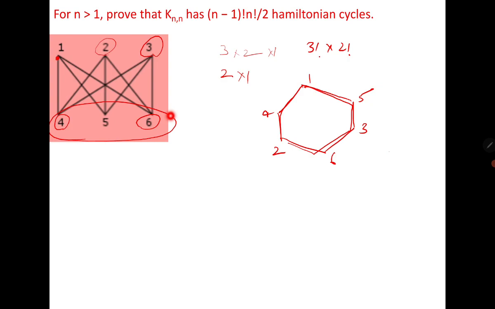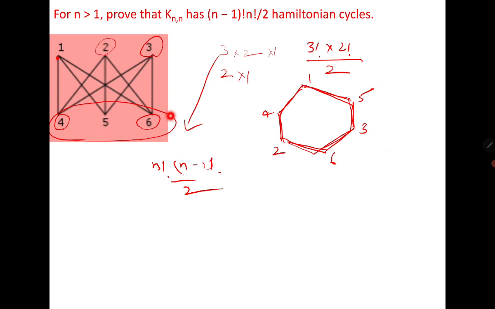This can also be seen as 1 5 3 6 2 4 1, clockwise and anti-clockwise, and this is why each cycle is counted twice. To have the number of different Hamiltonian cycles, we should divide it by 2. So in case of K n,n, it's n factorial instead of 3 factorial, times n minus 1 factorial, by 2.